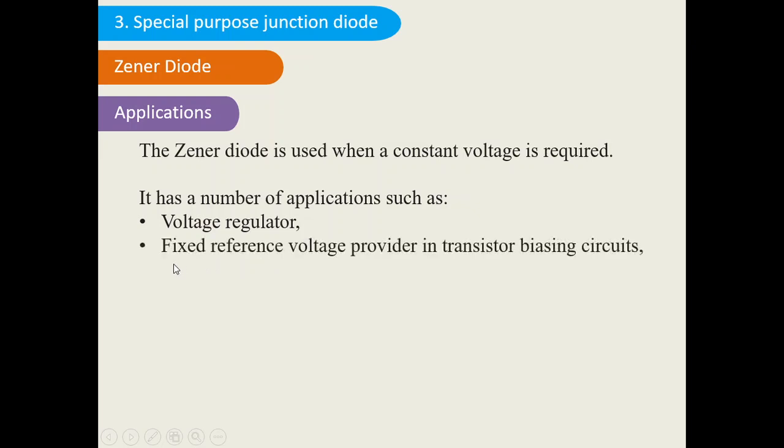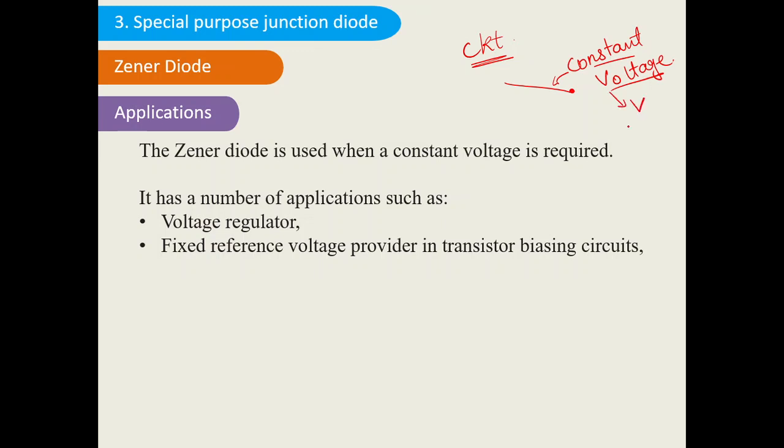The second one is fixed reference voltage provider in transistor biasing circuits. Suppose in any circuit you want a reference line of a constant voltage. What we can use is a Zener diode of that particular voltage.